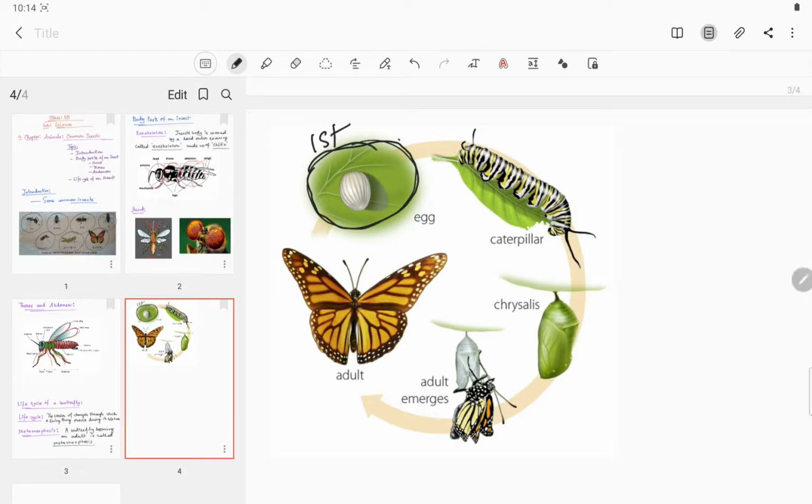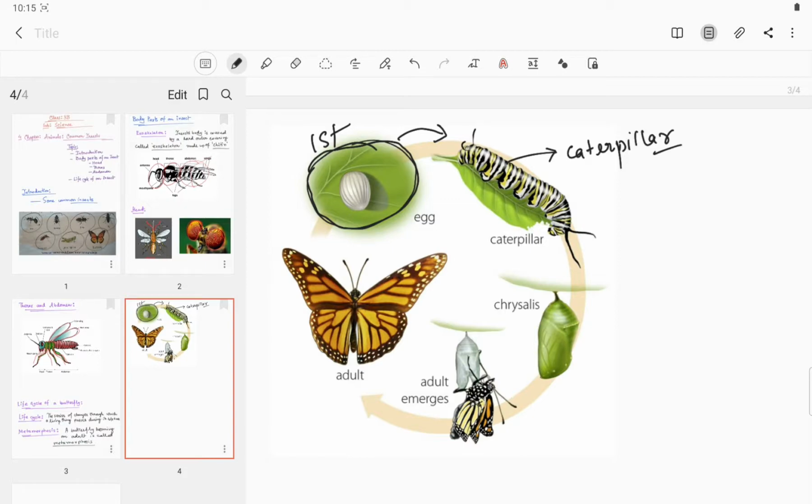Now, the second stage. The second stage is the caterpillar. This is known as the caterpillar. This is where the eggs hatch.